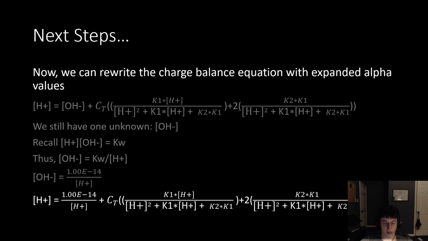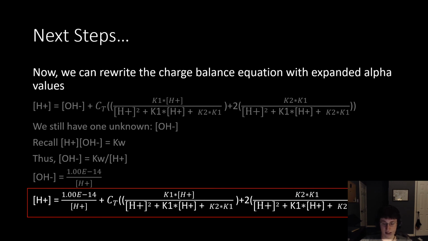Substituting this expression for hydroxide into the charge balance equation, we get the hydronium concentration equals Kw divided by the hydronium concentration plus the analytical concentration of carbon multiplied by alpha 1 plus 2 times alpha 2. I know that my video is cutting off the equation at the bottom right here a little bit. However, the only thing that's changed between this one and the above equation is the substitution of the hydroxide expression. So this is our final expanded answer.